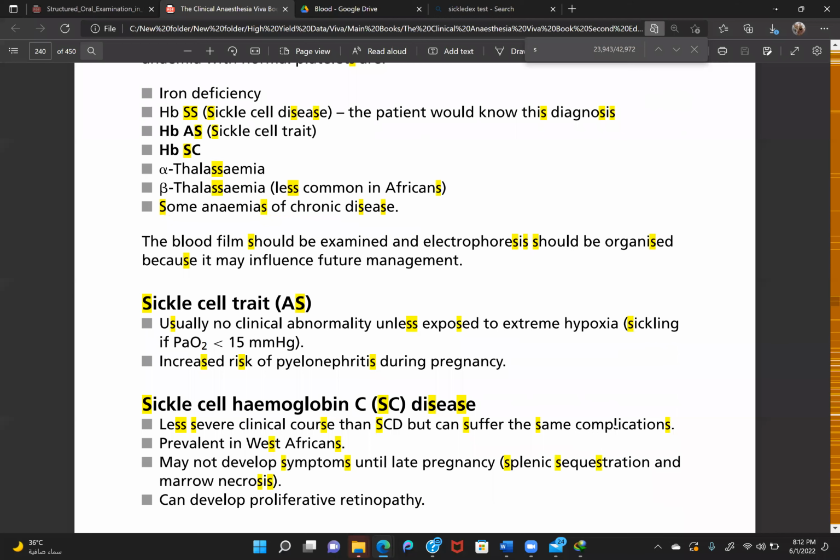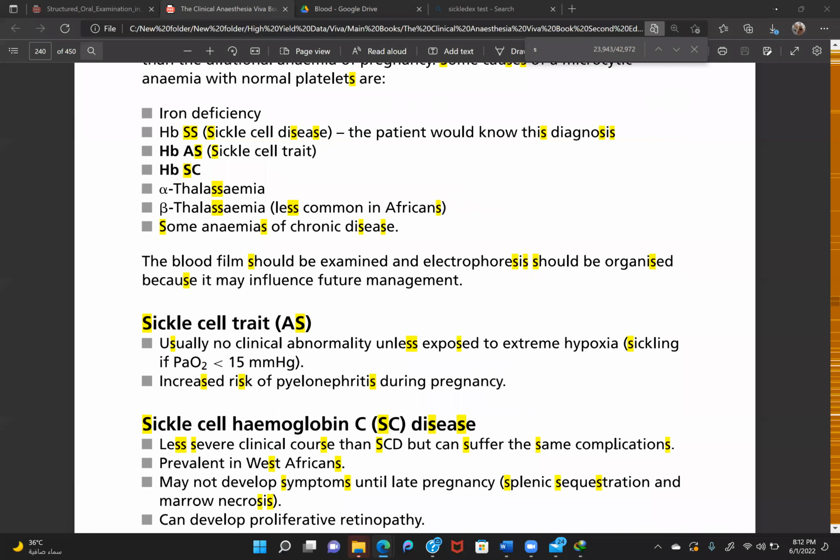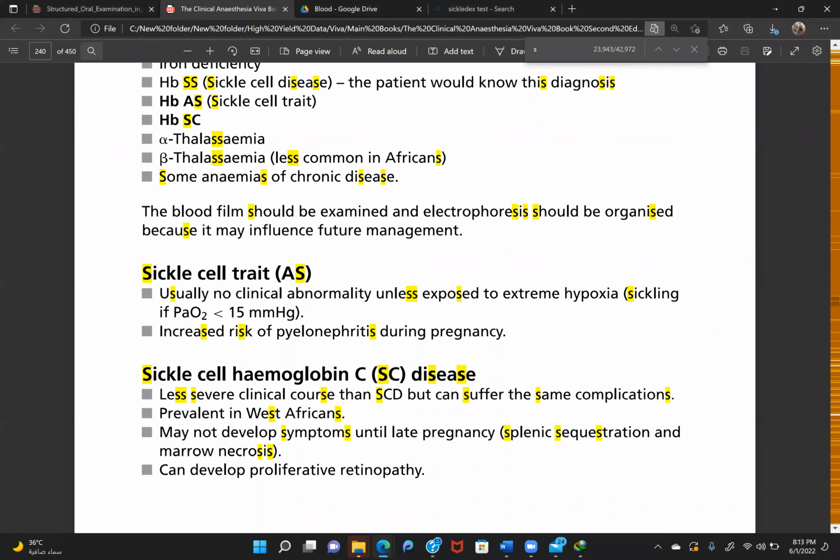As mentioned here: hemoglobin SS, hemoglobin AS, hemoglobin SC, and others. There are other hemoglobinopathies, alpha thalassemia, beta thalassemia. We will discuss them later.